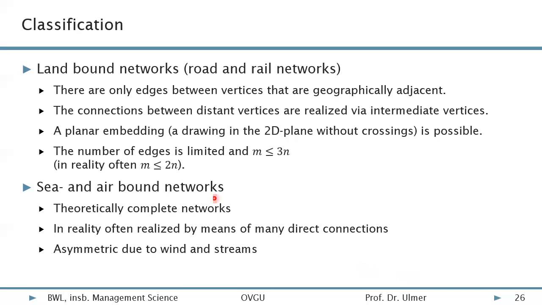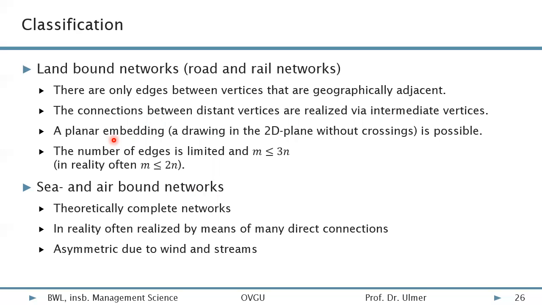To get from A to B, we use intermediate vertices. So we have several vertices on our way that could be traffic junctions in our network. And usually a planar embedding is possible. Planar means we can draw a graph without crossing.